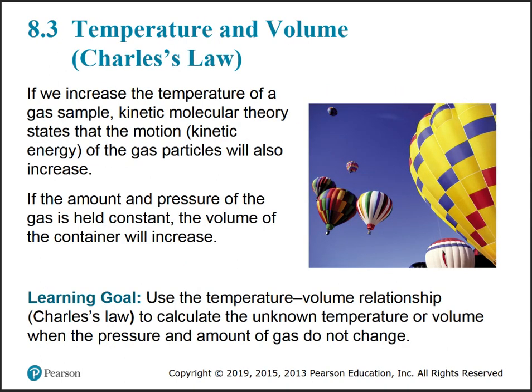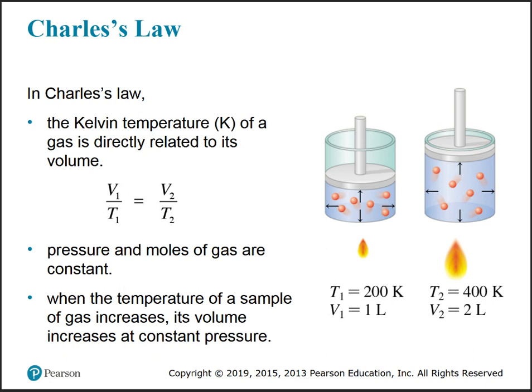The next law is Charles's law, and that relates temperature and volume of a gas while holding the pressure and the amount of gas constant. So if you have two cylinders, or we have one cylinder and you increase the volume, then the temperature is going to also, let's write this down. So let's say we have a cylinder like this, and then we increase the volume.